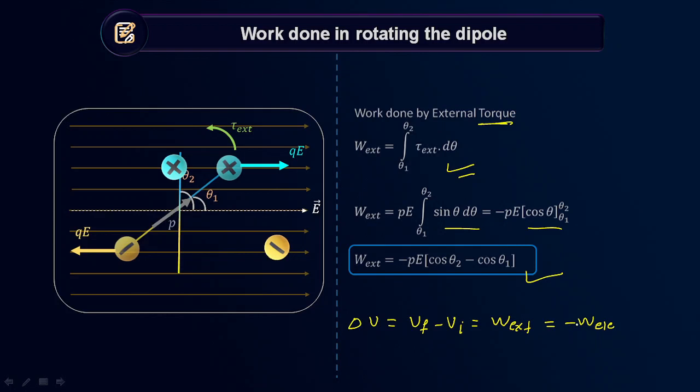Whenever we write potential energy, we assume a reference point. Here we take the reference as theta 1 equal to 90 degrees, and the potential energy at 90 degrees is 0. This is our assumption. Now we can put in the values and find the potential energy at angle theta.